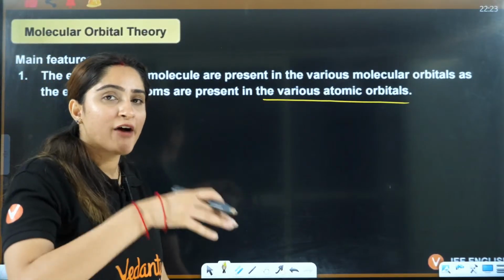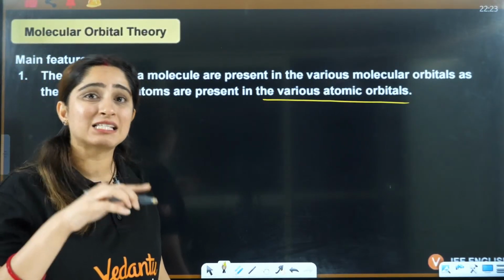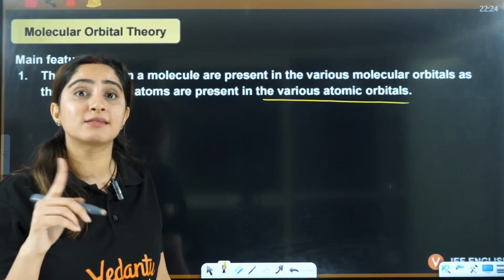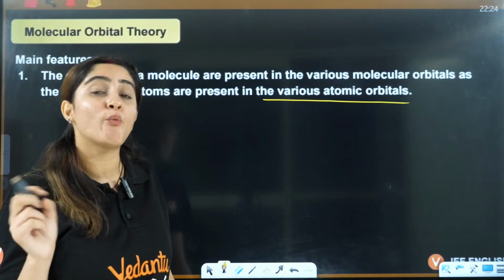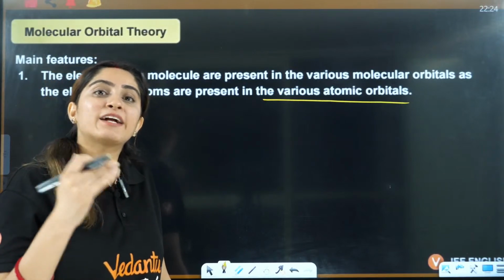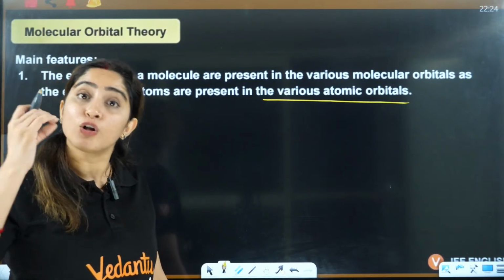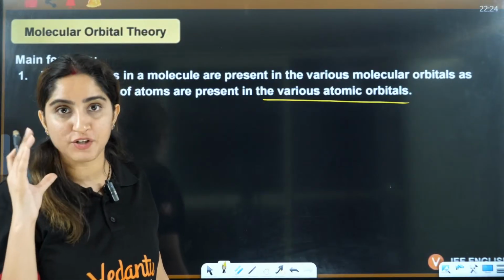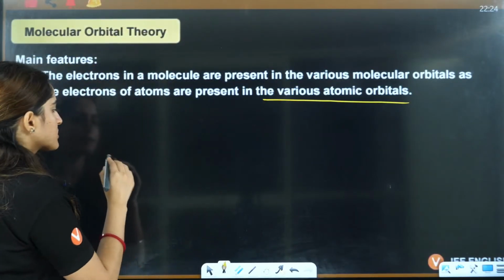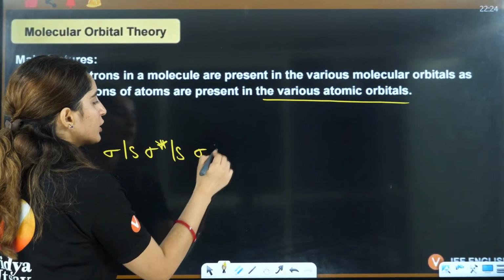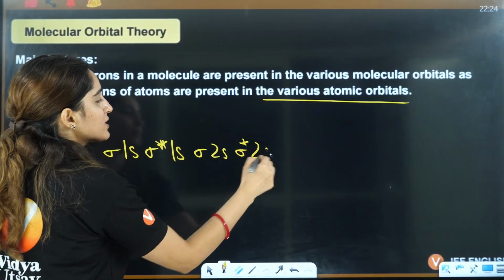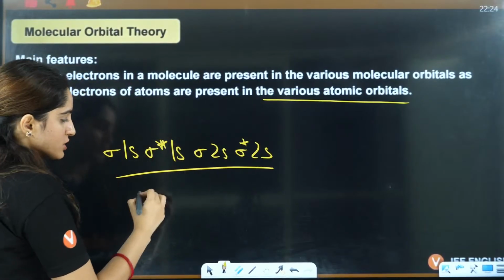Just like atomic orbitals, you have 1s, 2s, 2p, 3s, 3p, 3d. Similarly, you will have molecular orbitals and electrons will be present there, and we will also discuss the electronic configuration of molecular orbitals. That will go like this: sigma 1s, sigma star 1s, sigma 2s, sigma star 2s. This is for molecular orbitals.